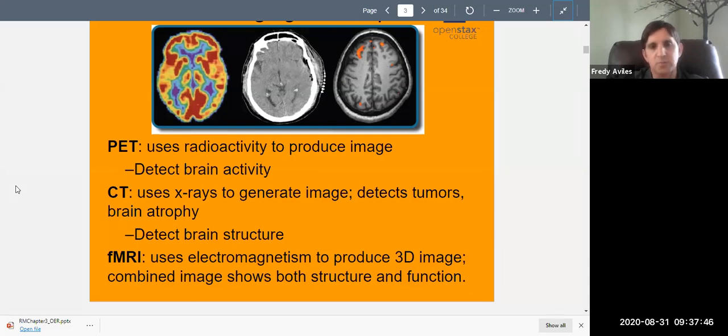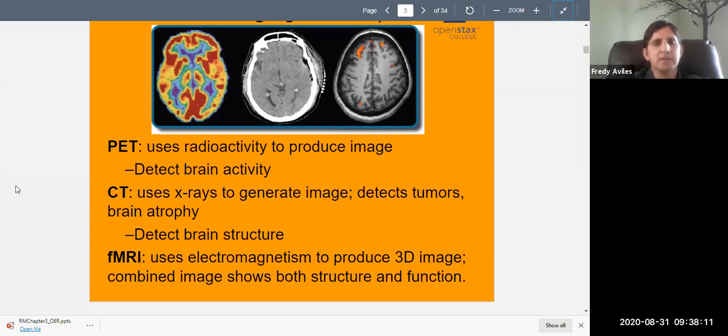Glucose is the form of energy your brain uses. So the parts of the brain that are more active are going to appear in red. And then after that, we'd have orange, then yellow, then green, then light blue and dark blue. The least active areas of the brain will appear a darker blue. So that's a PET scan.